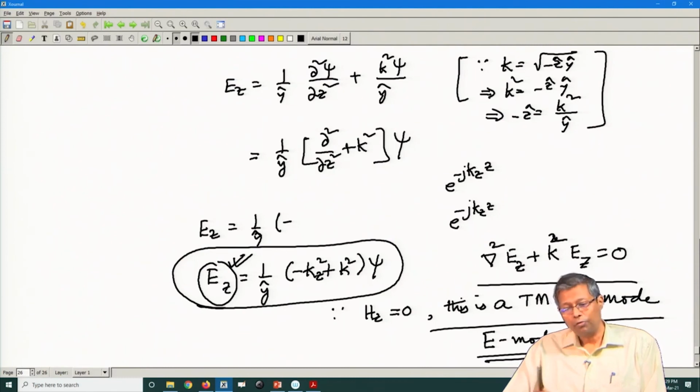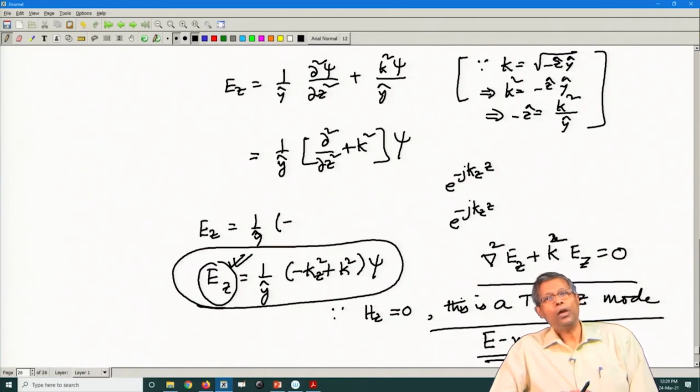So, these types of sources, the existence of only Az which generates a TM to Z mode, the existence of only Ax which generates a TM to X mode, or the existence of only Ay which generates a TM to Y mode.